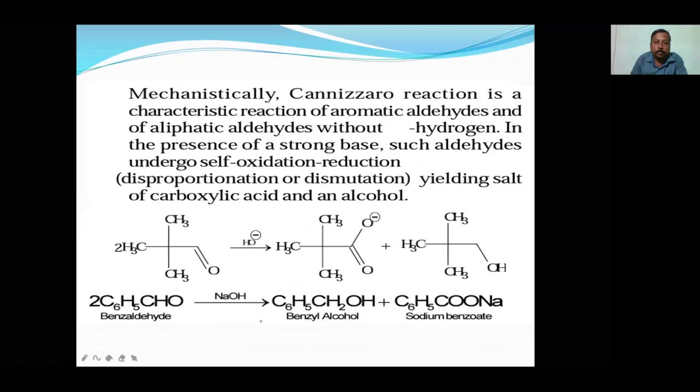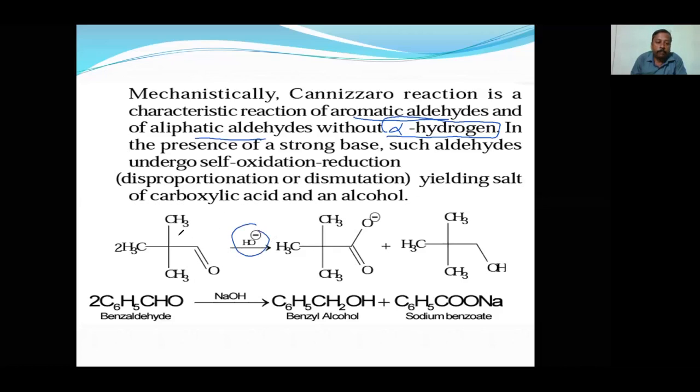According to mechanism, Cannizzaro reaction is a characteristic reaction of aromatic aldehydes and aliphatic aldehydes without alpha hydrogen. Those that are not able to provide alpha hydrogen will undergo disproportionation. Okay, so this is the mechanism.